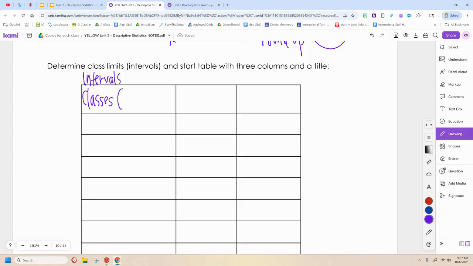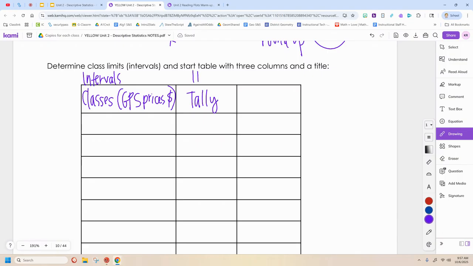And this is GPS prices, right, in dollars. We want to know what our classes represent. It's not people, quantity, it's not ages, it's not heights, it's money. Then we're going to have a tally area, and remember, that's when you're doing this.